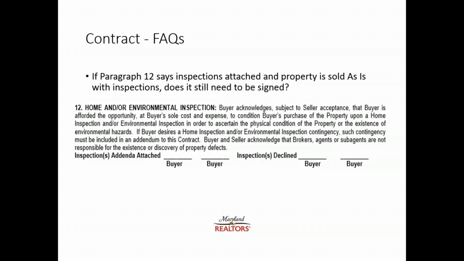The as-is addendum was created after, obviously, paragraph 12 in the contract. So it's a little bit awkward, but when we've discussed it, we've said, have the buyer go ahead and initial inspection since they have the ability to have inspections under the as-is addendum, paragraph B, if that's the case.